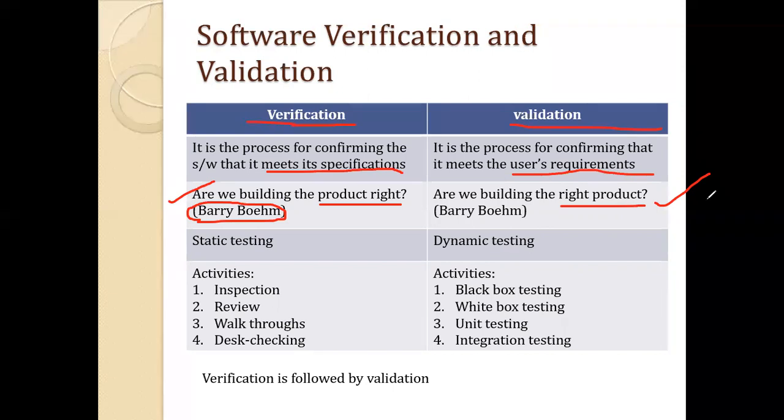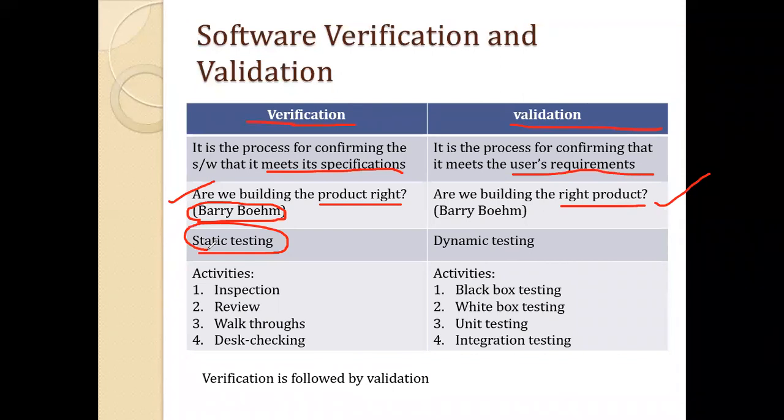Then the different techniques used in case of verification are nothing but static testing. So what exactly is static testing and what is dynamic testing will be covered in our coming bits.